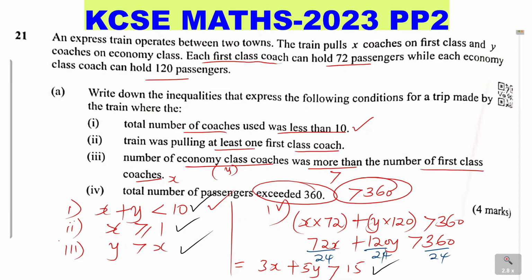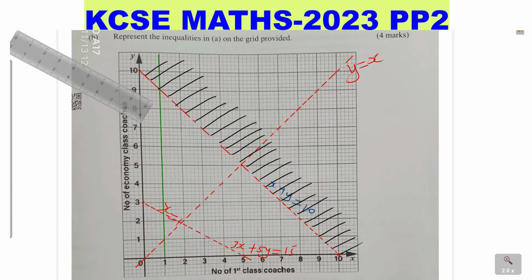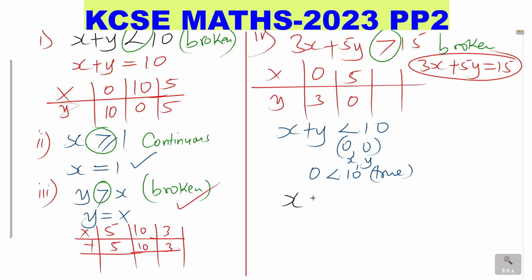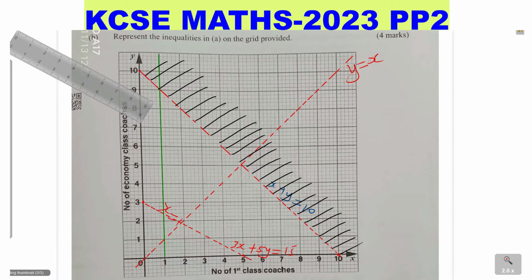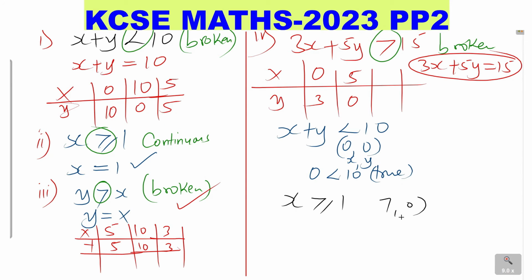Line number 2, x is greater than or equal to 1. X is greater than or equal to 1 is this line, and greater than 1 lies on this side. So this side is the one that is going to satisfy that inequality. For example, if I pick a point here, like 7 0, x is 7, y is 0.